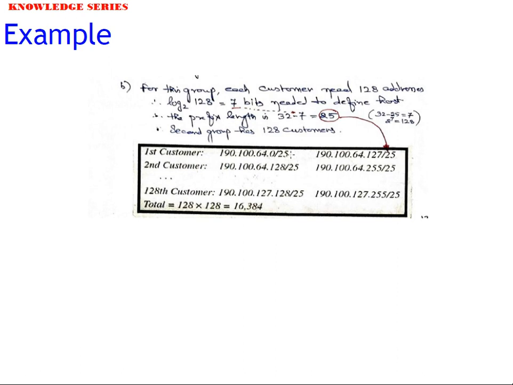So this is how the distributions with respect to the different customers are shown in these particular scenarios. Now here 128 is here and 128 customers here in this case. So here you get 16,384. So this is how the distribution is shown with respect to the second scenario.